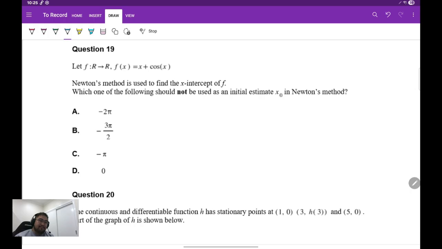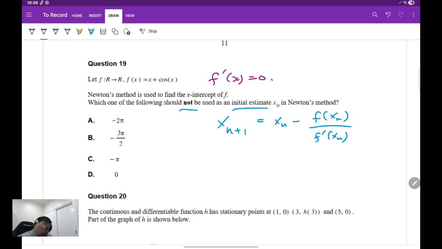Next question. We're talking about Newton's method. Now, Newton's method says here, which one of the following should not be used as an initial estimate. So this here is Newton's method. We are really trying to find out when f dash of x_n is not equal to 0, because if it equals 0, we've got an undefined value.